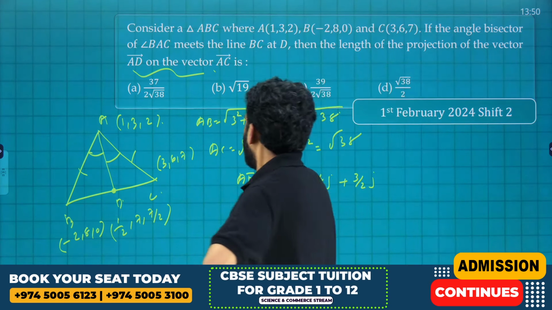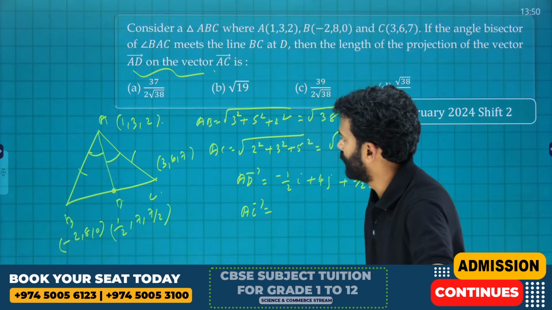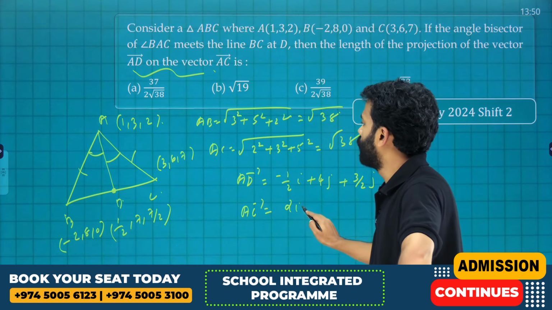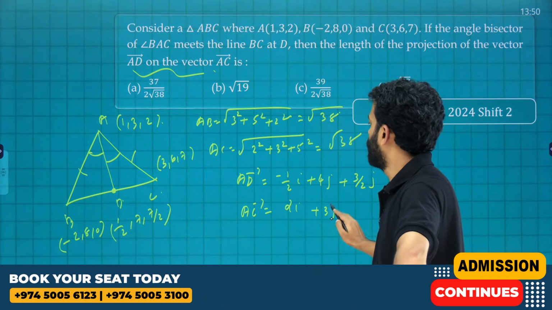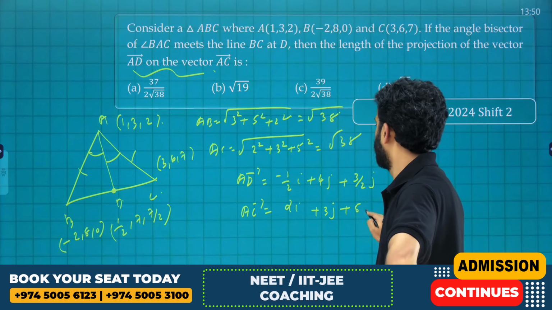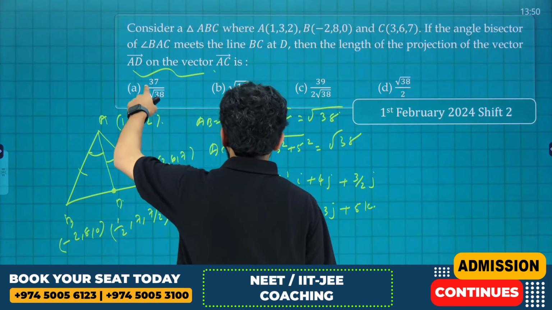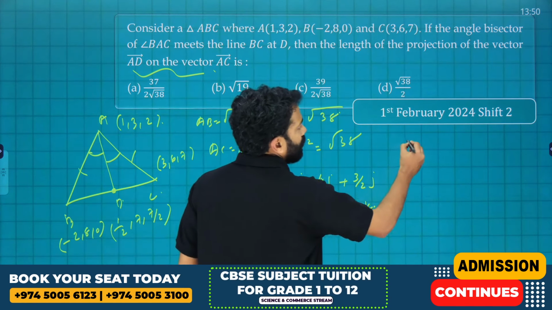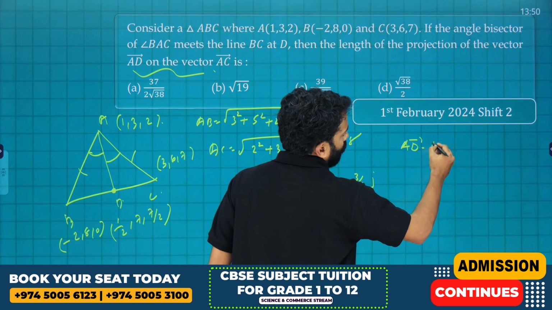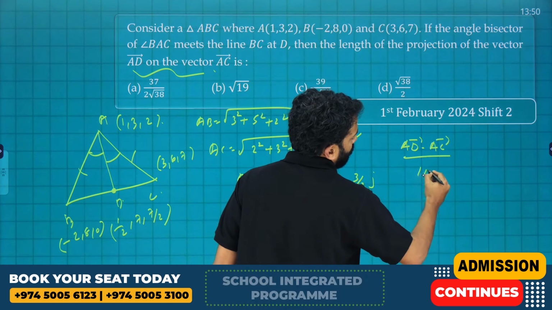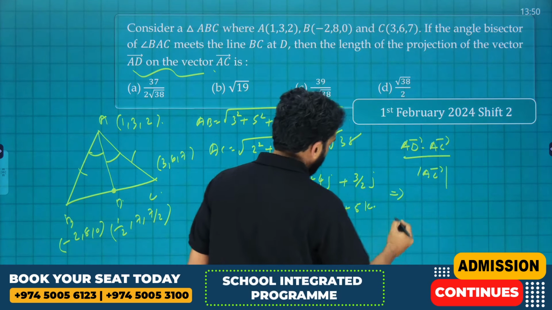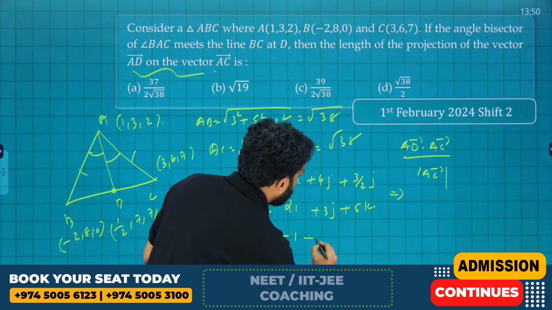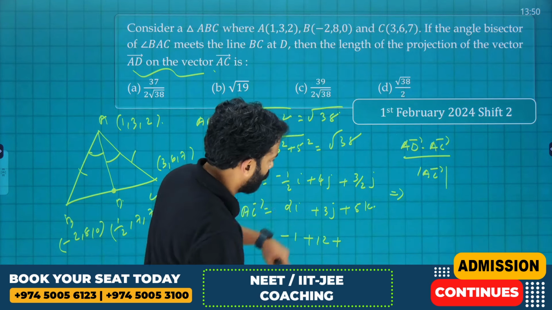Next one, vector AC. Again, position vector of C minus position vector of A. That is 2i plus 3j plus 5k. And we very well know the projection formula here. Projection of vector AD on vector AC is vector AD dot vector AC divided by magnitude of vector AC. If you dot it up, you will get minus 1 plus 12 plus 15 by 2.